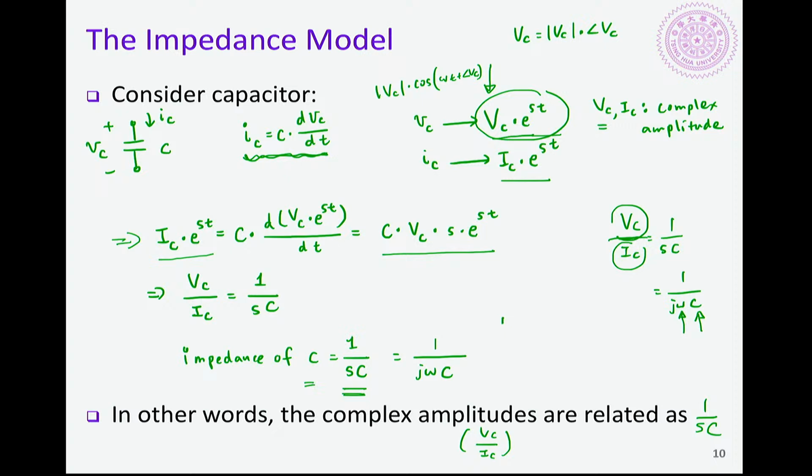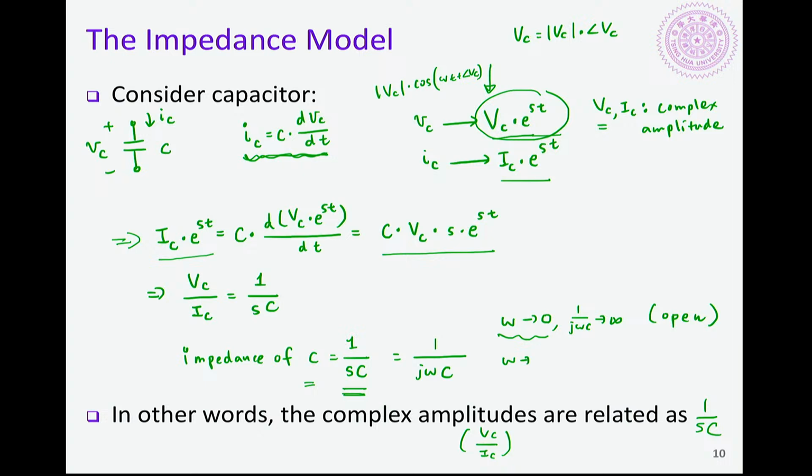Okay, so we said that when frequency approaches 0, this impedance approaches infinity, which is the case that we said in the previous lecture when we have a DC operation, when omega approaches 0, a capacitor acts as an open circuit.